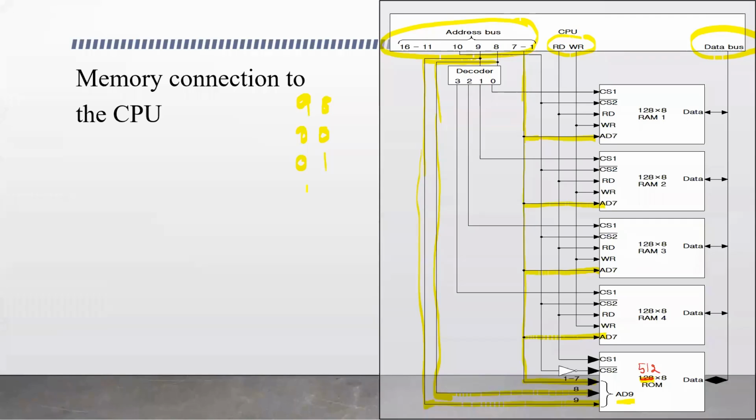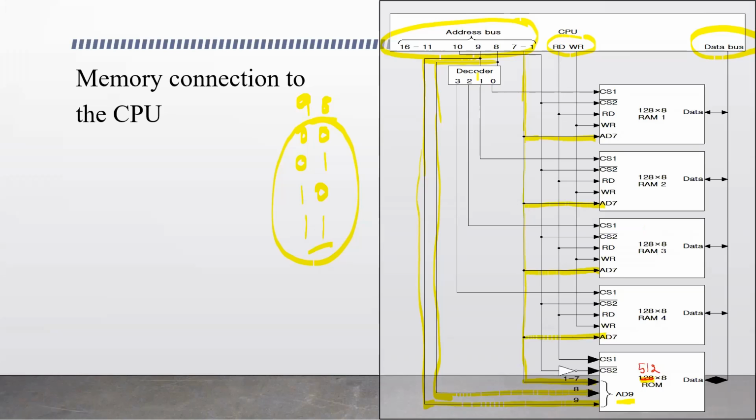When we take 2 bits, they can represent 4 different combinations. But these 4 values are used to select one of the RAM chips out of these 4 RAMs: RAM 1, RAM 2, RAM 3, and RAM 4. So we have 2 inputs, but the output is out of 4, we need to select 1. So we need a decoder circuit here.